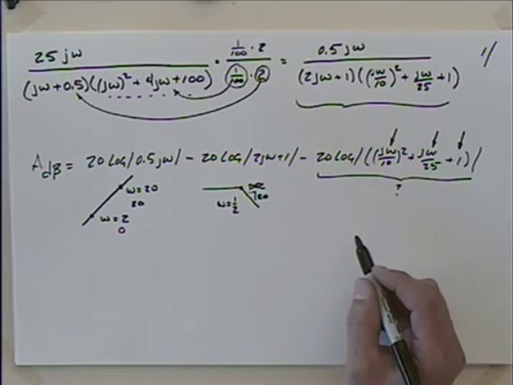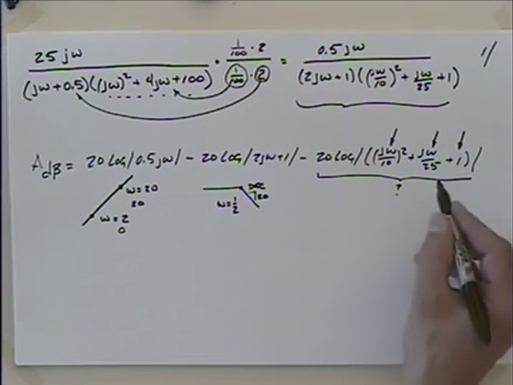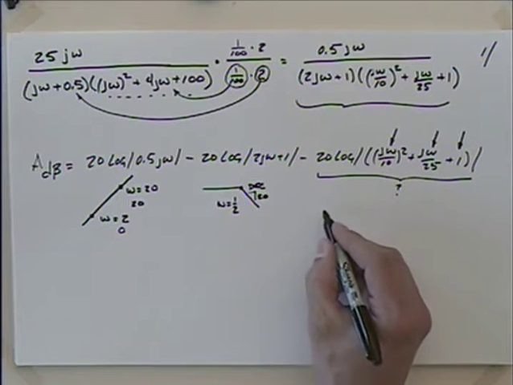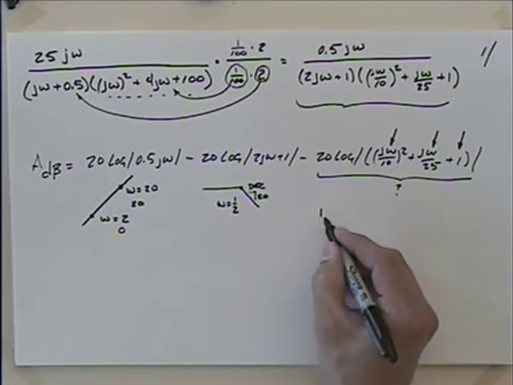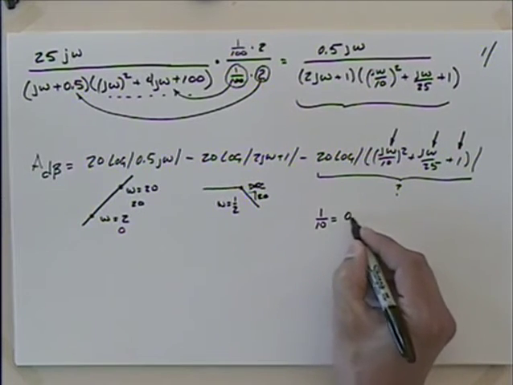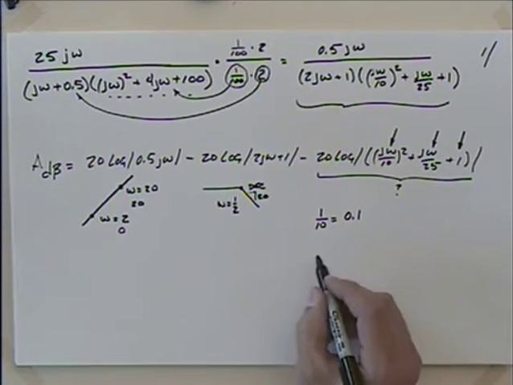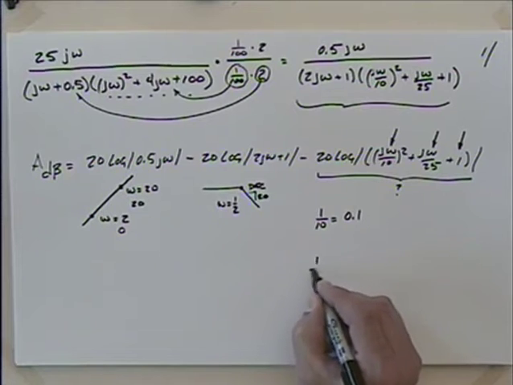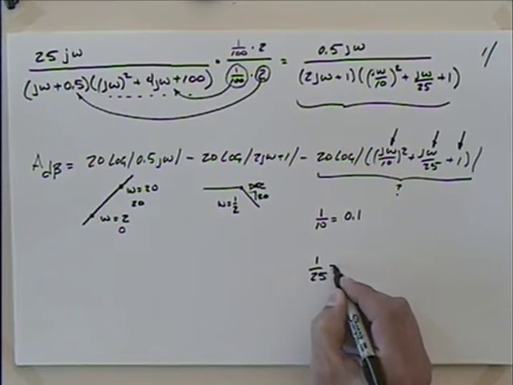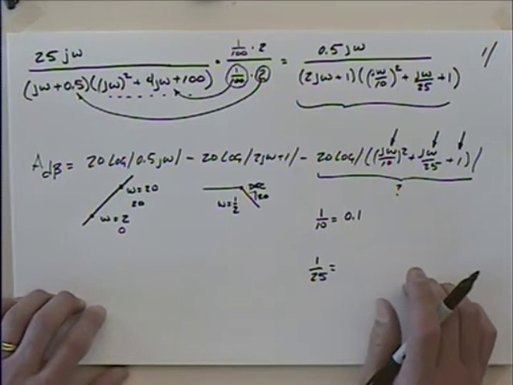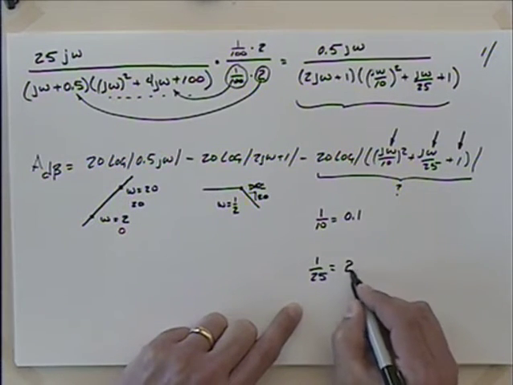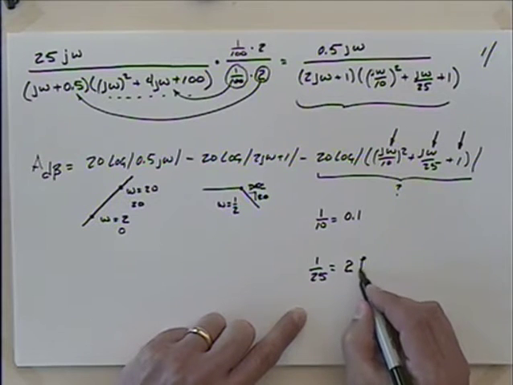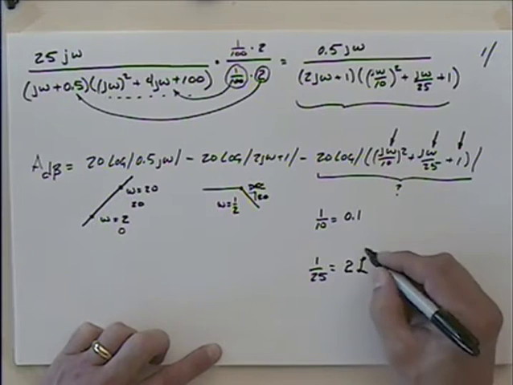And I can say that this 1 over 25, so I have 1 over 10, which is 0.1, and I have 1 over 25. Okay, and those have some fairly specific names. This one, 1 over 25, is 2 times zeta times tau. It's kind of a lambda, but zeta.